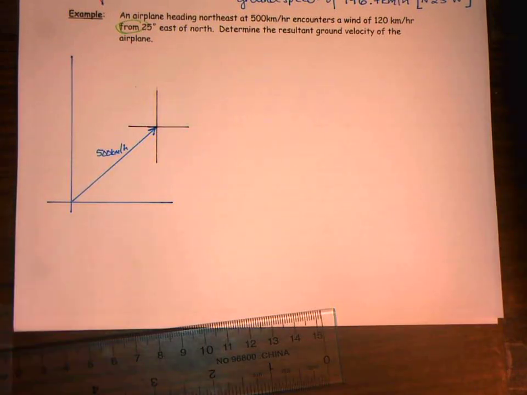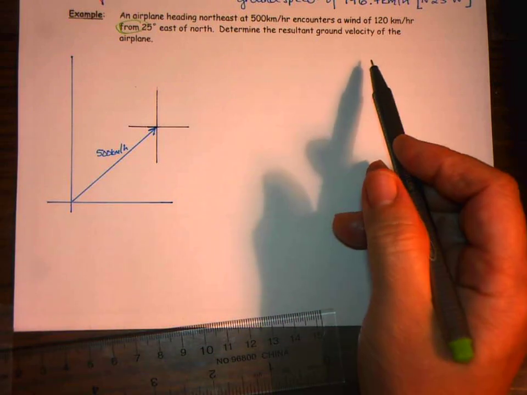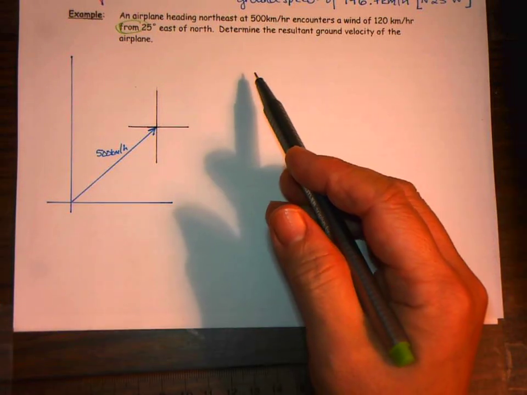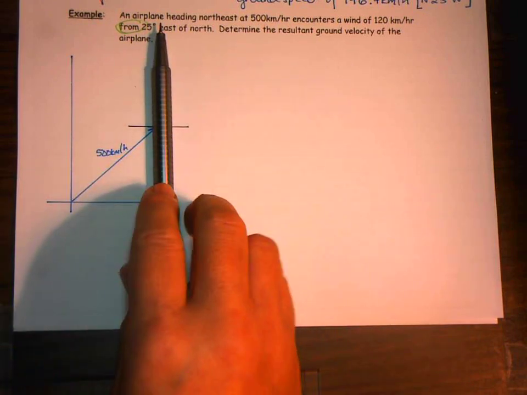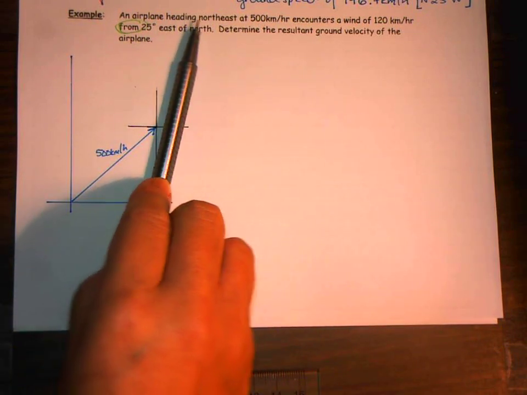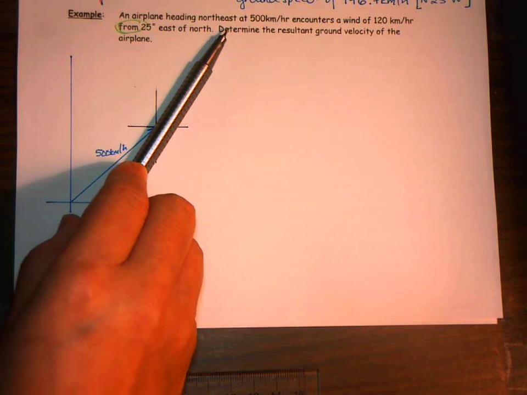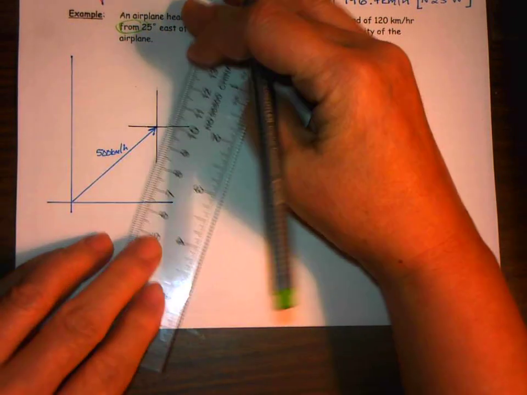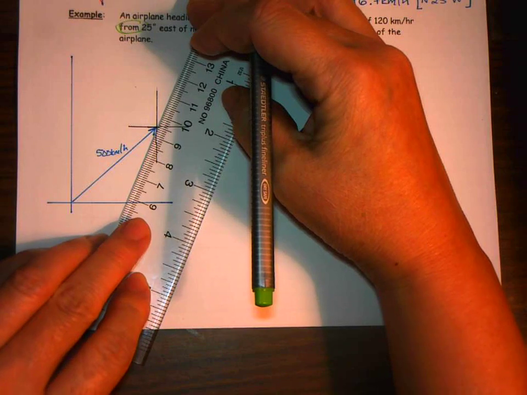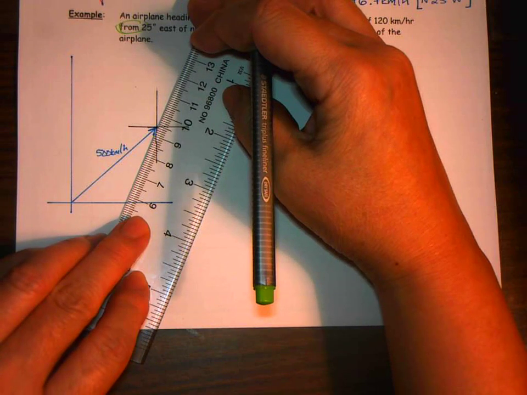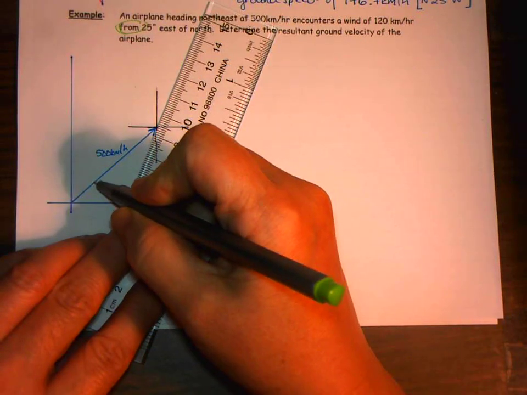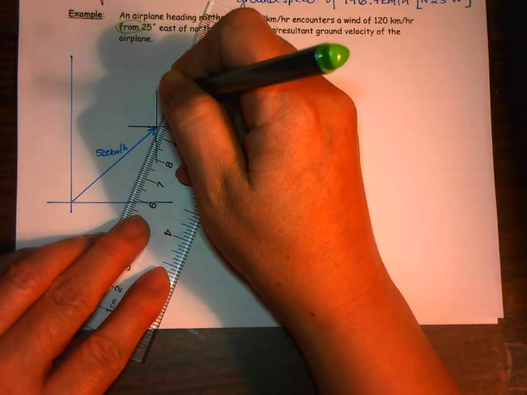So this vector, which is about a quarter the size of the other one, is coming from 25 degrees east of north. So this is north, and if I go 25 degrees east, approximately something like that, so I have a vector that's coming this way. It's about a quarter the size of the other one.